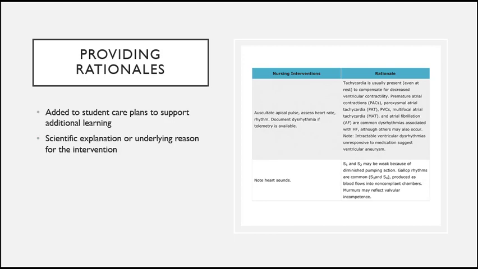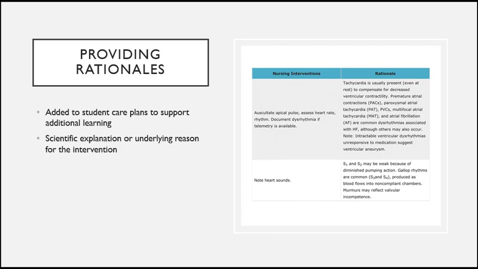So as an example, if your nursing intervention is to auscultate or listen to the apical pulse, assess the heart rate, rhythm, document dysrhythmia if needed, or if they're on telemetry, the reason for that is because, again, depending on the client situation, tachycardia is usually present even at rest to compensate for decreased ventricular contractility.